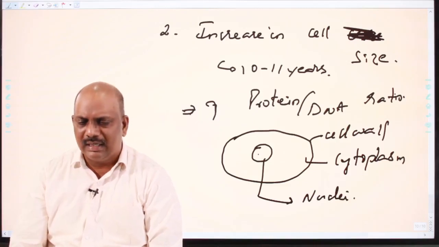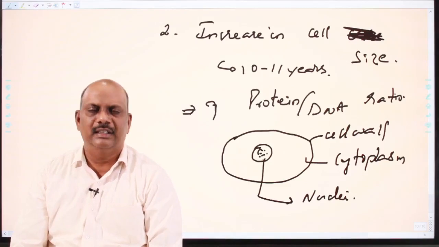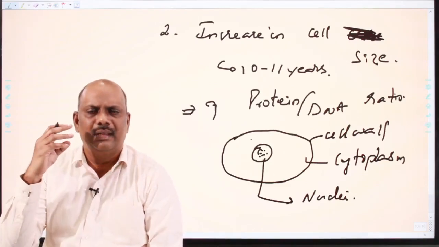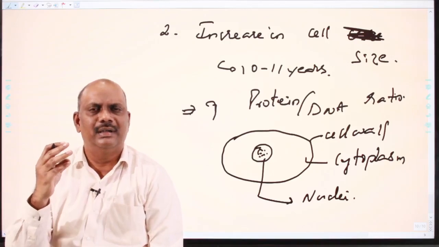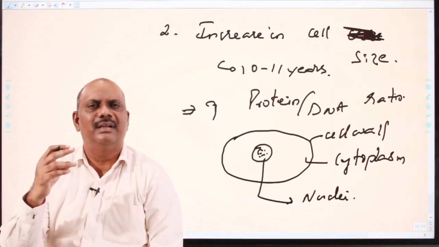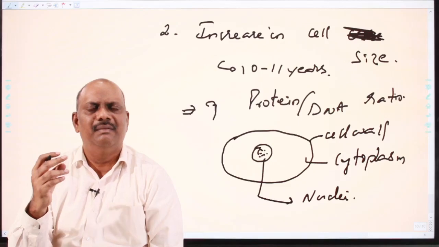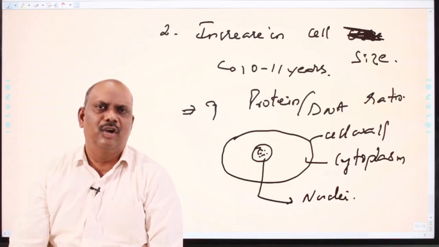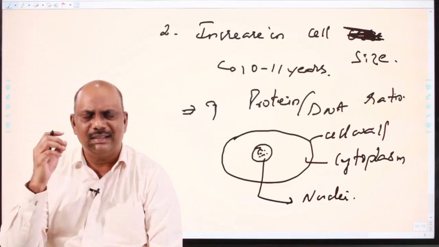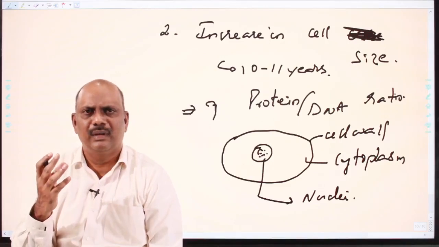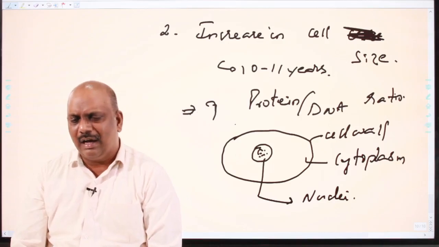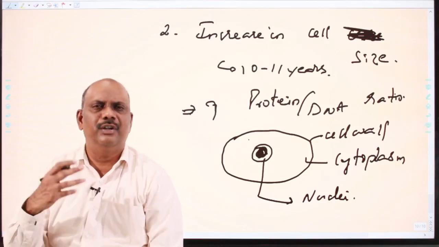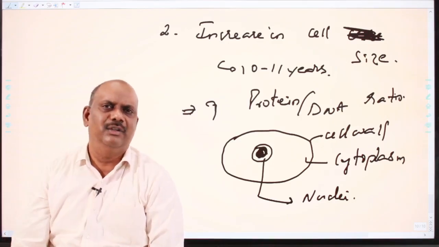Inside the nucleus lie the chromosomes, DNA, etc. The DNA undergoes replication, transcription, translation, which leads to protein synthesis. I hope Kavitha madam might have taught you all these things in detail. So this process of DNA replication, DNA transcription, and protein synthesis continues to happen inside the nucleus.